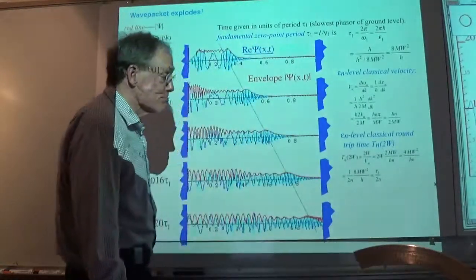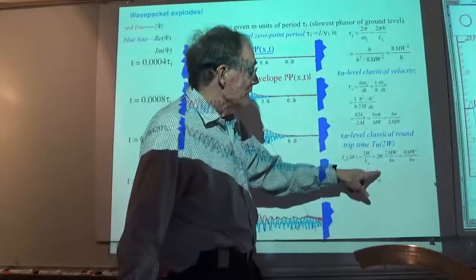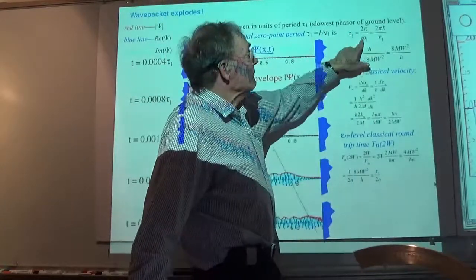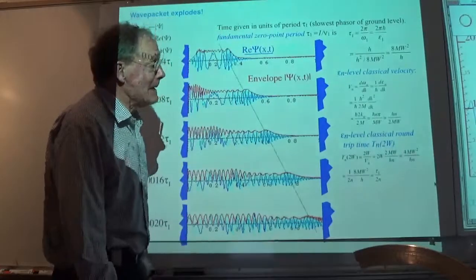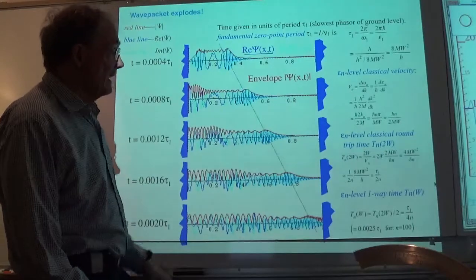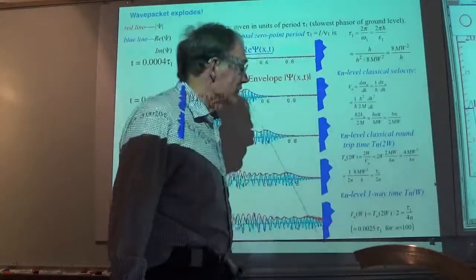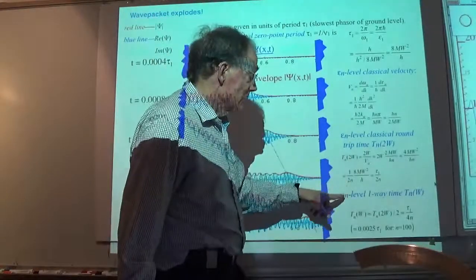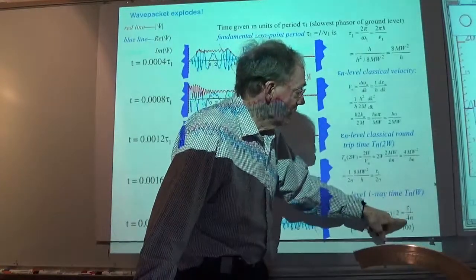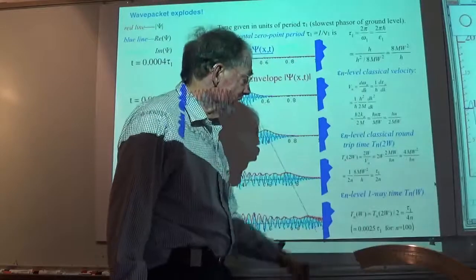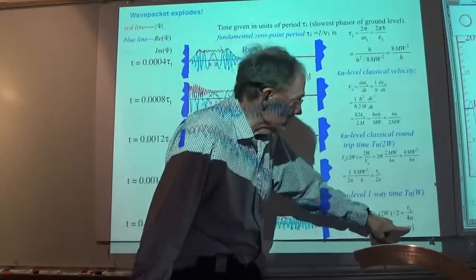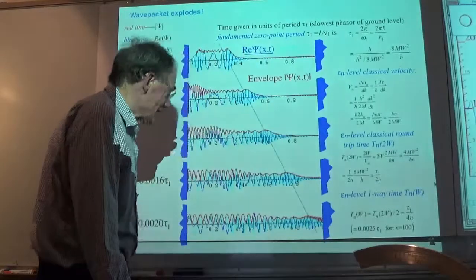That fundamental period goes with the fundamental frequency, omega 1. And if you work that out, the one-way time would be half of this period, 2 over 4n. That's about 0.0025 tau 1 for n equal 100.